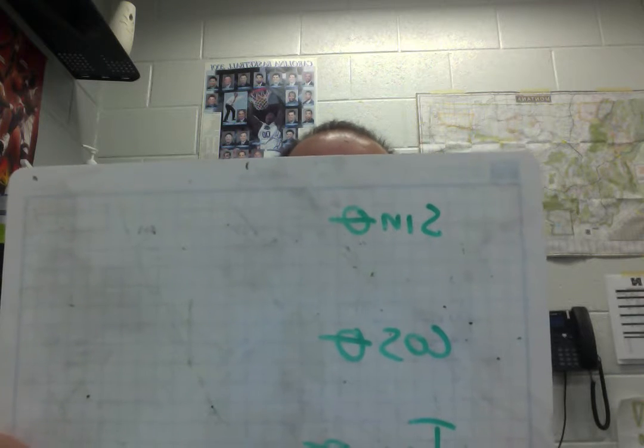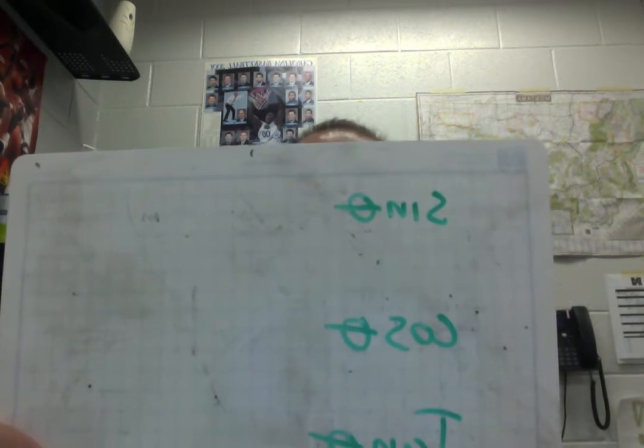We will typically have an angle measurement that we are going to use. But for now, I'm just going to use theta. Okay? That's the first half of the equation. Then we've got the equal sign. The second half of the equation is always going to be a fraction. For sine, it's going to be opposite over hypotenuse.